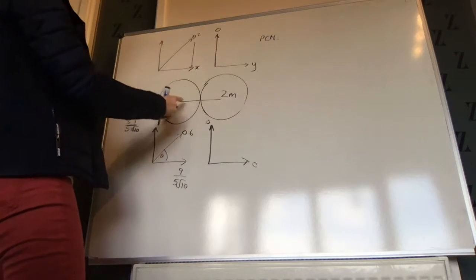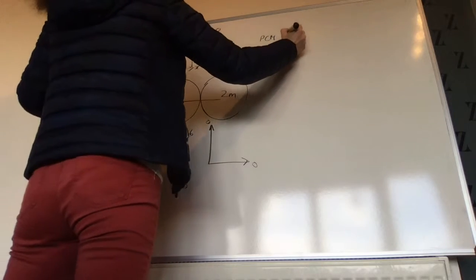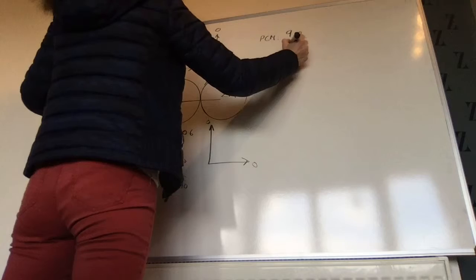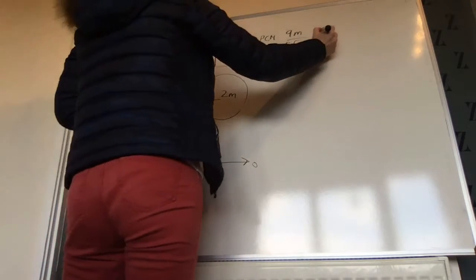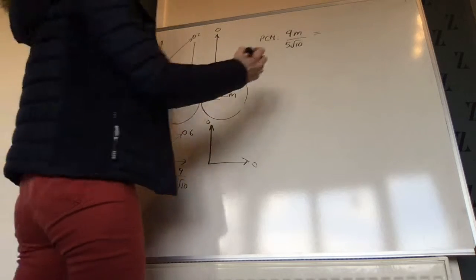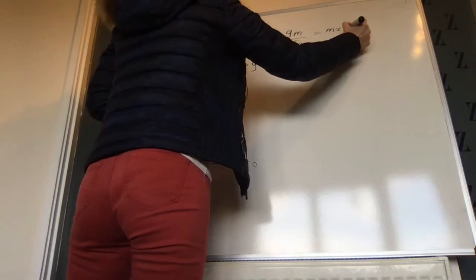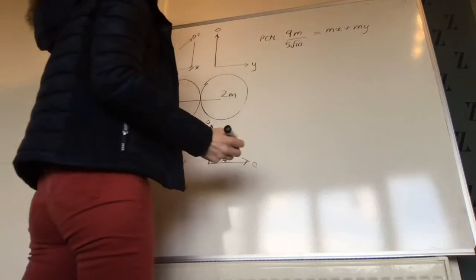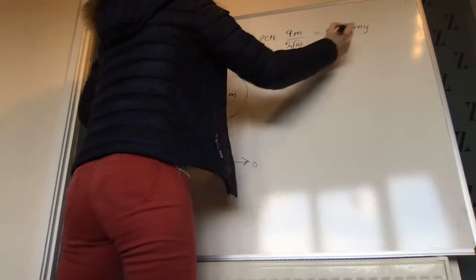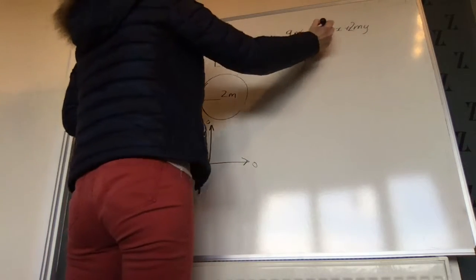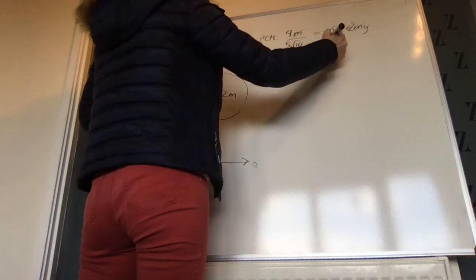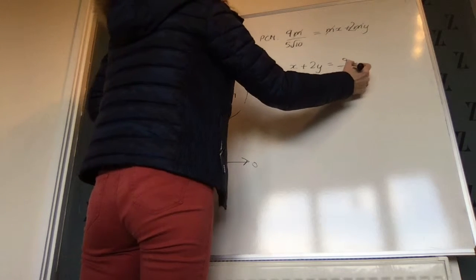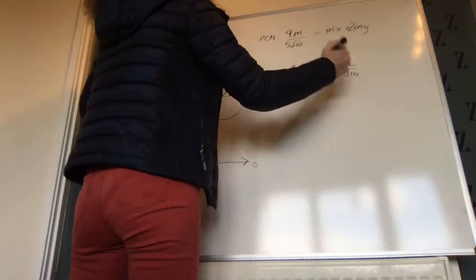So we have m times 9 over 5 root 10 plus m times 0 is equal to mx plus 2my, because it's a 2m mass. We can divide by m, so we have x plus 2y is equal to 9 over 5 root 10.